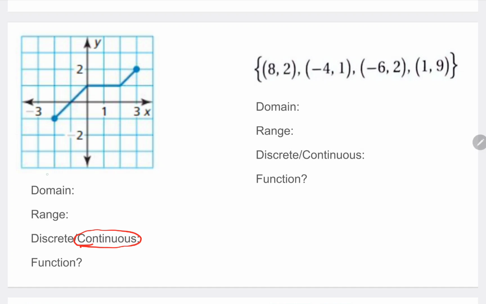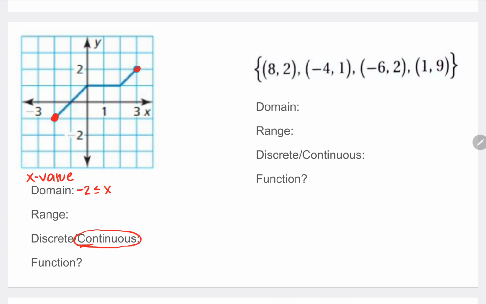Let's start with the inequality. My domain are my x values, which are left to right. So if we're starting all the way at the left, my leftmost point is right here at -2. So all of my x's are bigger than or equal to -2. Equal to because it's a closed circle right there.